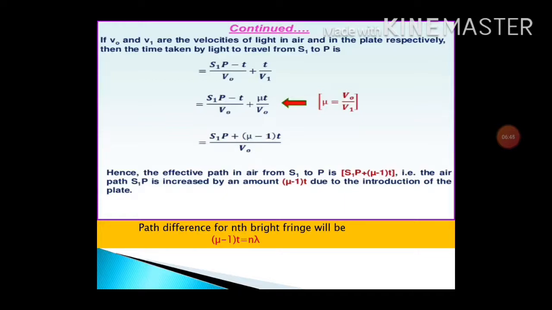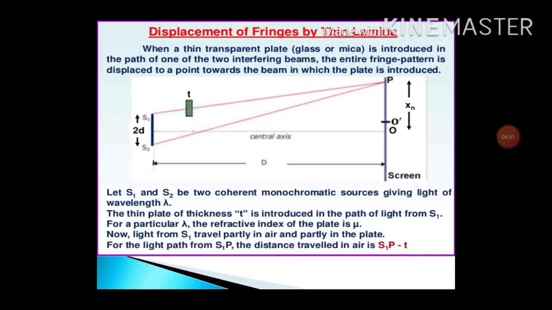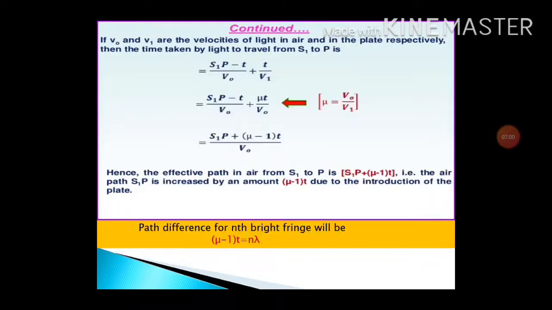Now see, the distance travelled in air from S1 to P is S1P minus T. So I will write S1P minus T divided by V0, where V0 is the velocity of light in air.